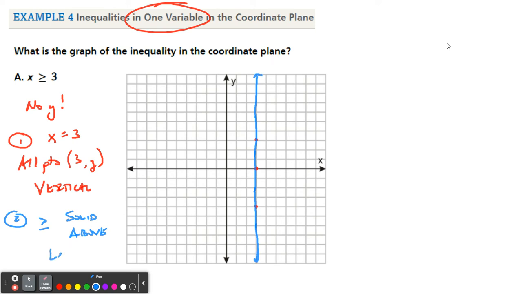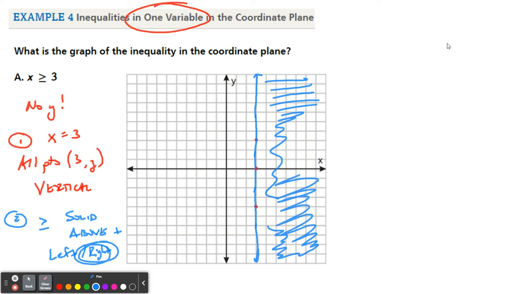I have left and I have right. Well, this greater than, think of positive, right? Above is positive. Well, in the x direction, right is positive. So you're going to shade to the right. And this is the solution space over here. Any point on that line and any point to the right of that line.